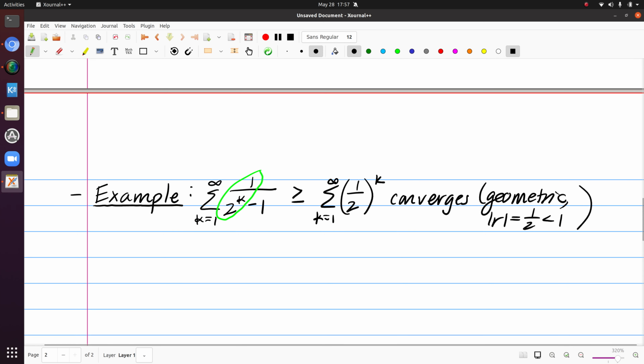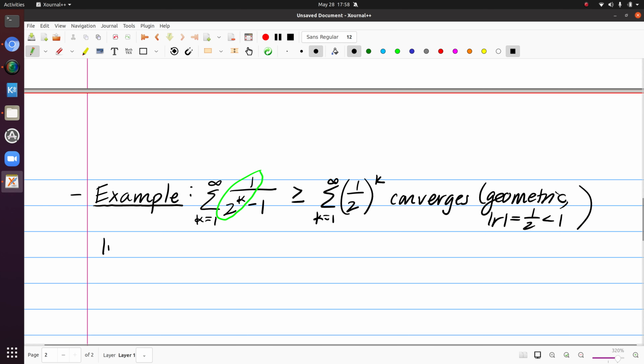But this converging series is smaller than our series. Think about the denominator on the left is smaller, so the whole fraction would be larger. So I can't, again, use direct comparison to come to any useful conclusion.